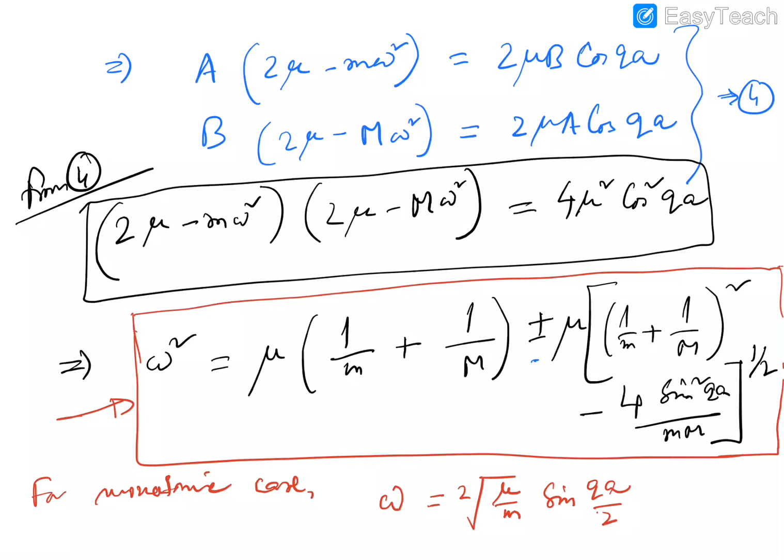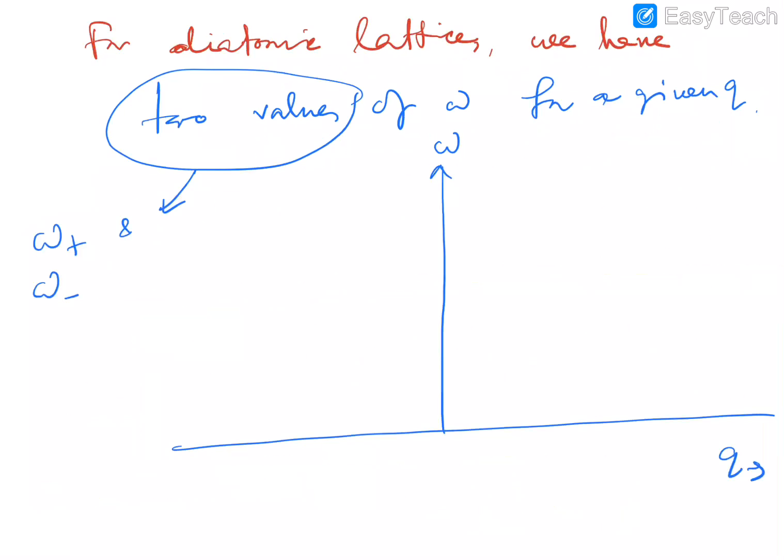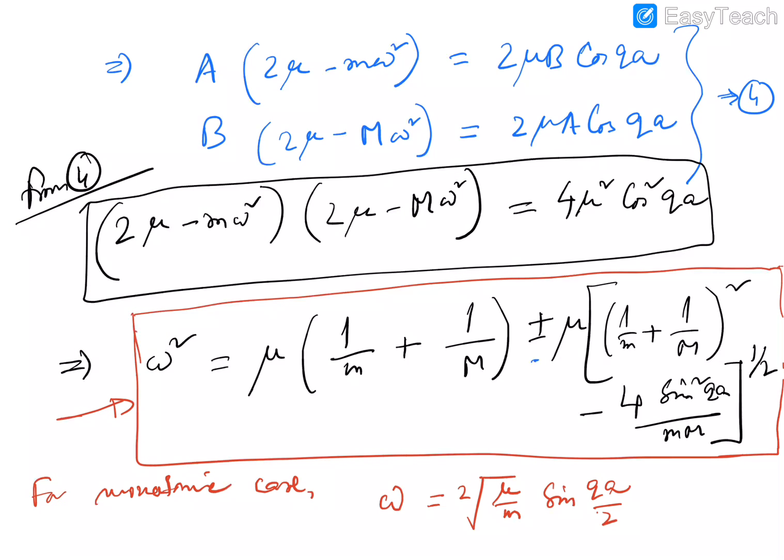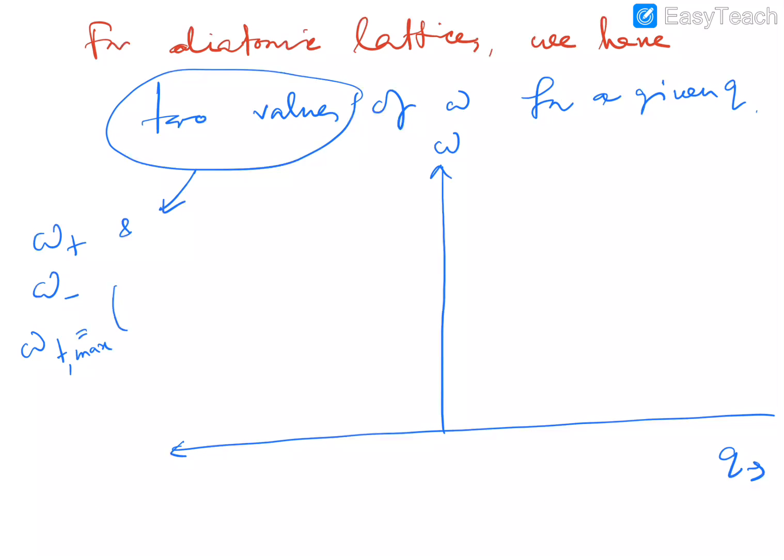So for omega plus, the maximum value, omega plus max will be mu times 1 upon m plus 1 upon capital M, square, something like that.